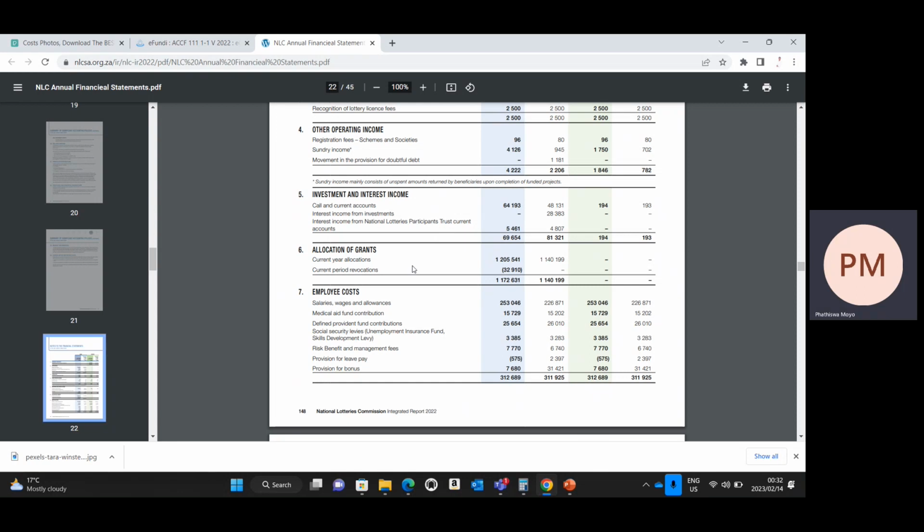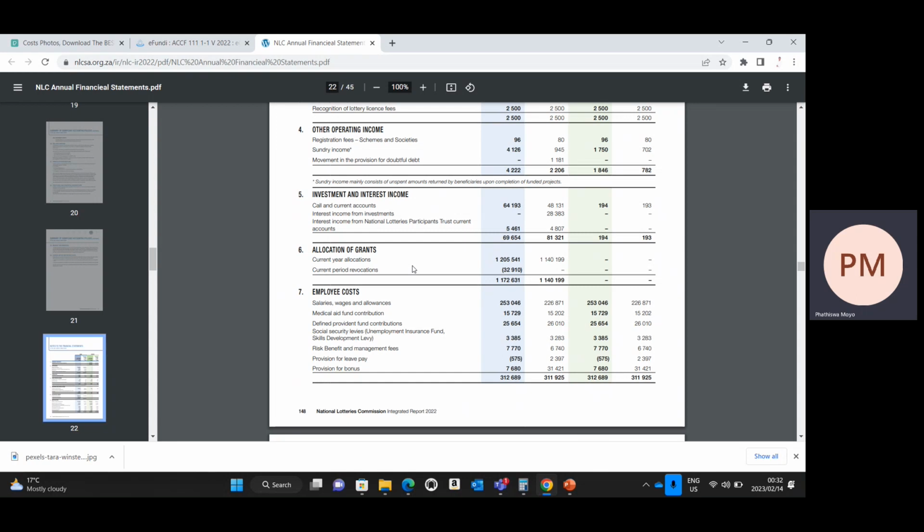For example, under allocation of grants, the amounts they promised to pay, there must be the liability part and there must also be the expense part. That's why you'd have allocation of grants.